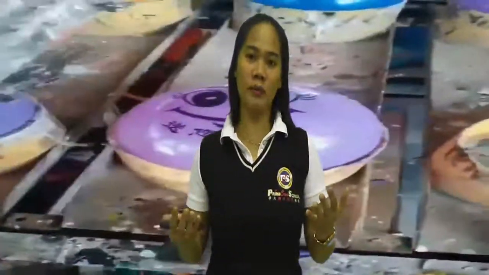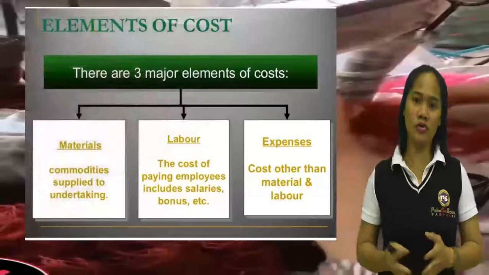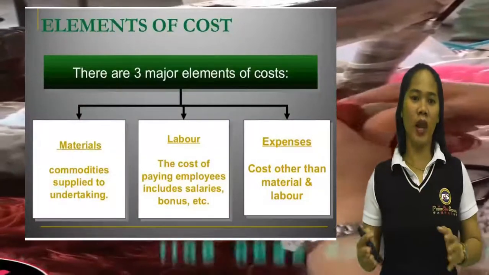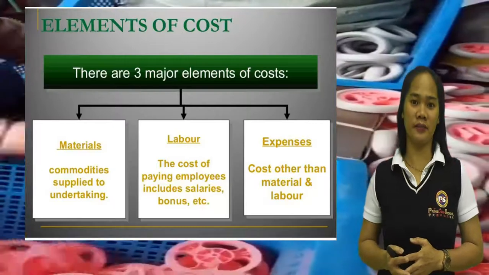We have the three major elements of cost. What are those? We have the materials, the labor, and the expenses. Let's talk about them one by one. What is materials? Materials are those commodities supplied to an undertaking.